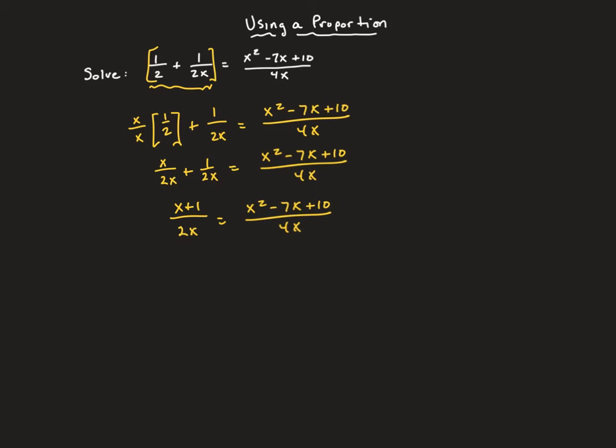And now you can go ahead and cross multiply. You can do some simplifying, but tell you what I'm going to do, I am going to focus on getting rid of this 4x from the denominator. And by doing that, I'm going to go ahead and multiply both sides by 4x. And what that does, of course, this becomes 1.